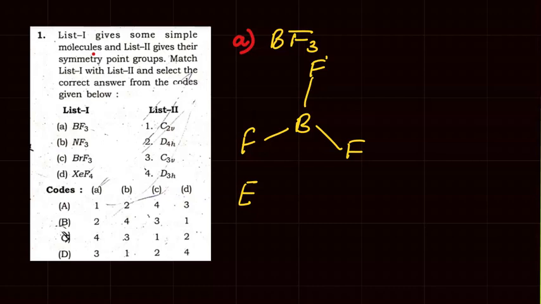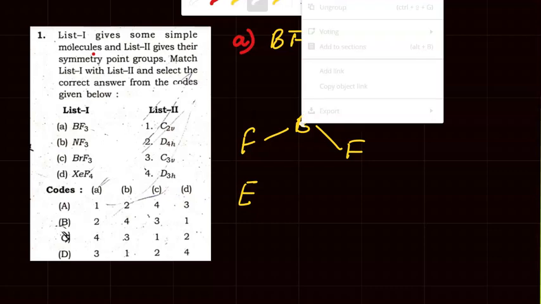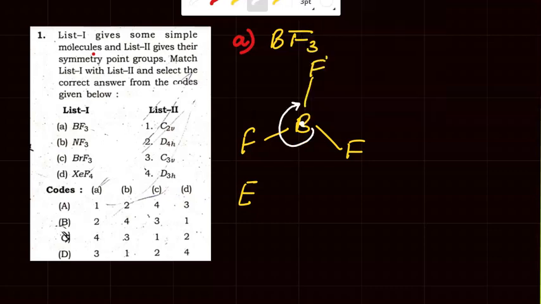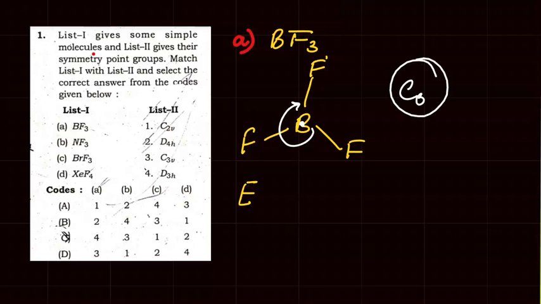Here, the highest order axis of symmetry is the C3 axis, which will pass through the boron. From this boron, it will pass and we have to rotate the molecule by 120 degrees. So here we have a C3 axis.